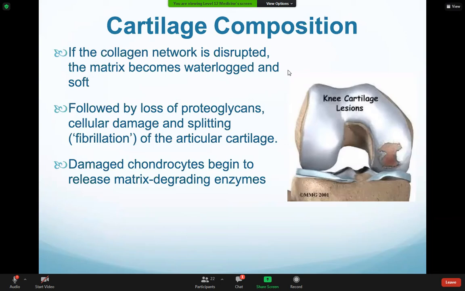If the collagen network is disrupted, the matrix becomes waterlogged and soft, followed by loss of proteoglycans, cellular damage, and splitting or fibrillation of the articular cartilage. Damaged chondrocytes begin to release matrix-degrading enzymes.